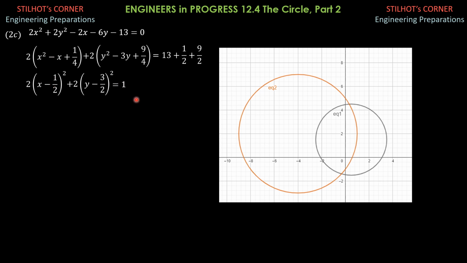Then equals 18. Divide everything by 2, so quantity x minus 1/2 squared plus quantity y minus 3 halves squared equals 9, and 9 is 3 squared. So this is a circle with center at 1/2, 3 halves, and radius 3.